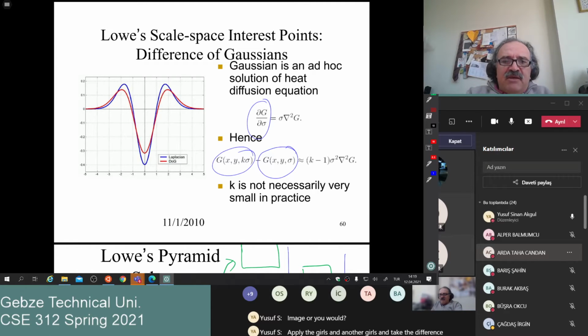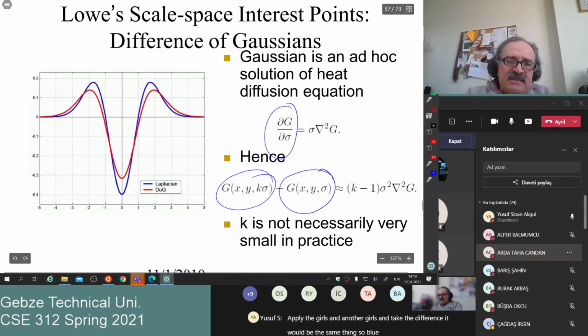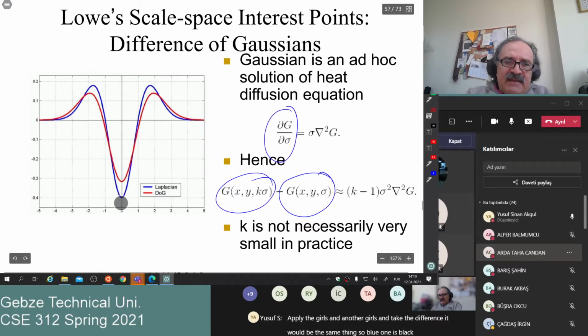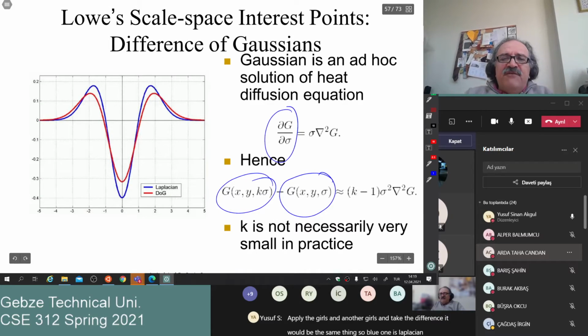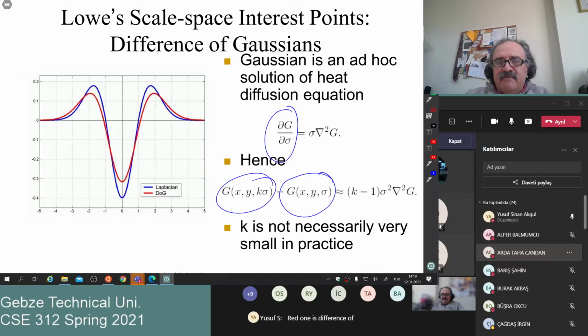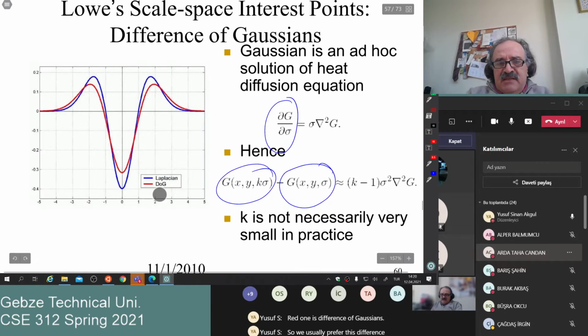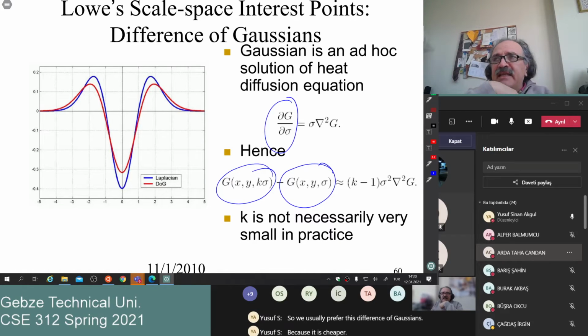It would be the same thing. The blue one is Laplacian, the red one is difference of Gaussians. We usually prefer the difference of Gaussians because it is cheaper. They are not exactly the same, but since it is cheaper, we prefer difference of Gaussians.